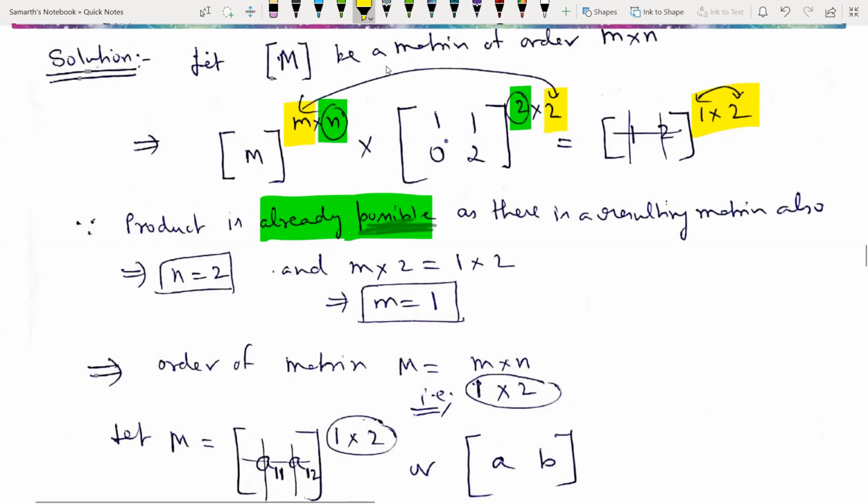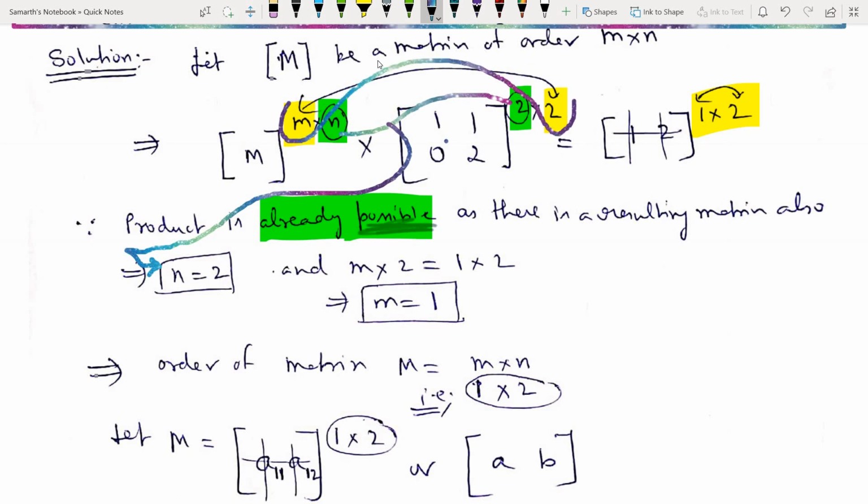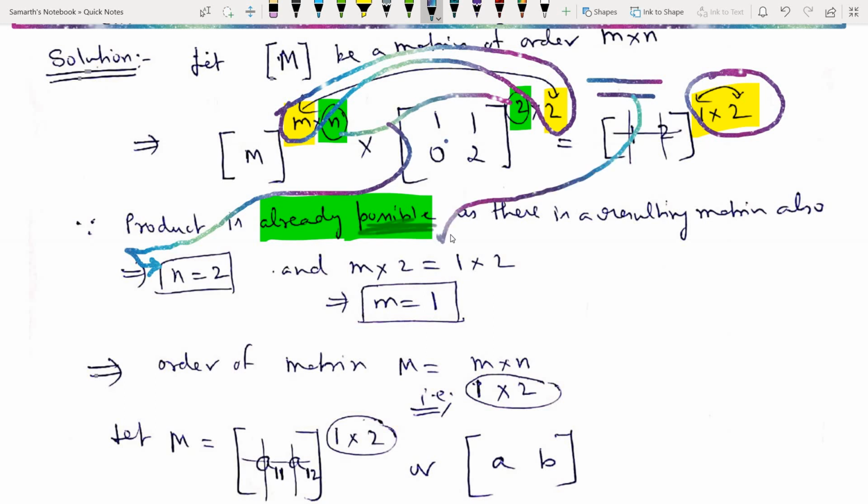The resulting matrix has the number of rows of the first matrix and the number of columns of the second matrix. It implies that m into 2 is equal to 1 into 2, so the value of m is 1. So the order of matrix M is 1 by 2.